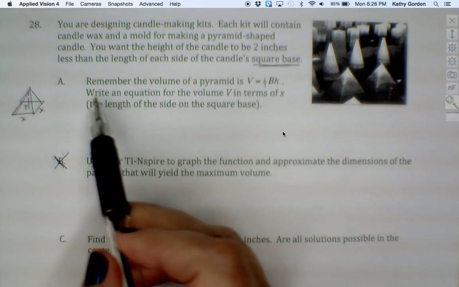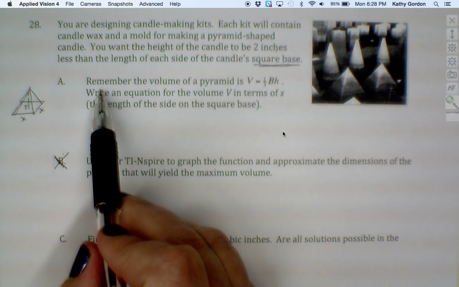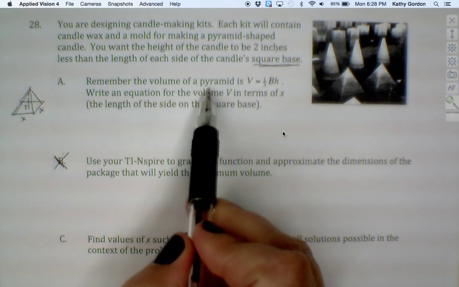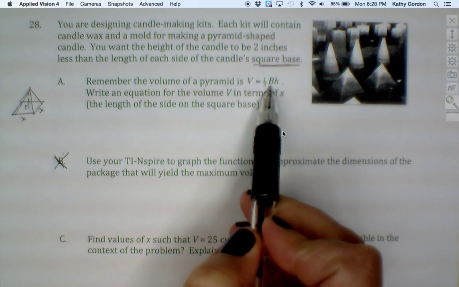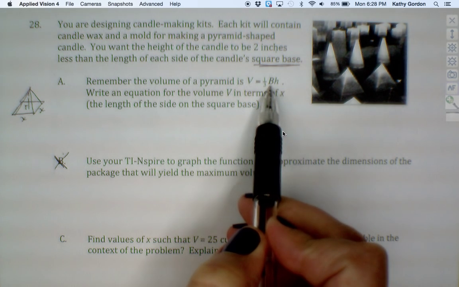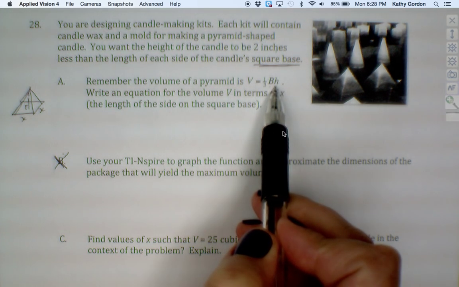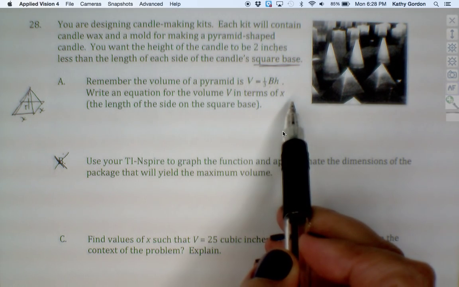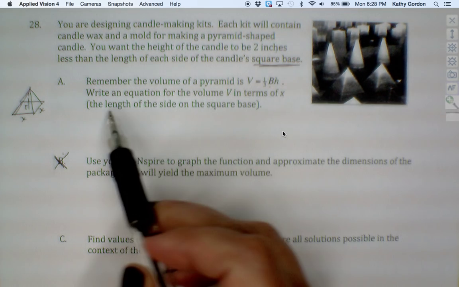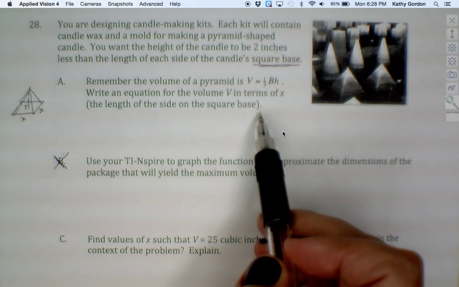Okay, so if we go to part A, we're reminded that the volume of a pyramid is V equals 1/3 B h, where capital B stands for the area of the base, times the height. And we're asked to write an equation for the volume in terms of x, which is the length of the side of the square base.